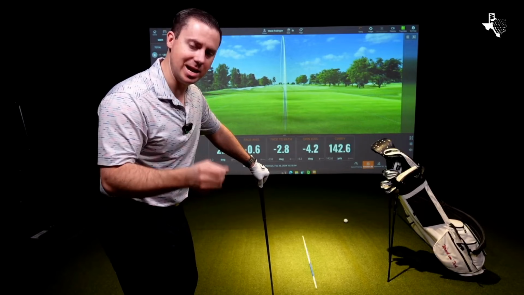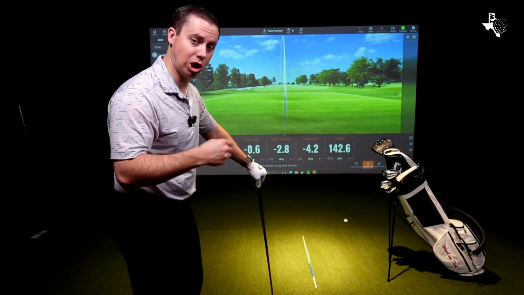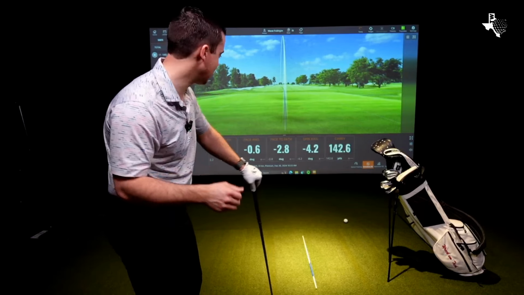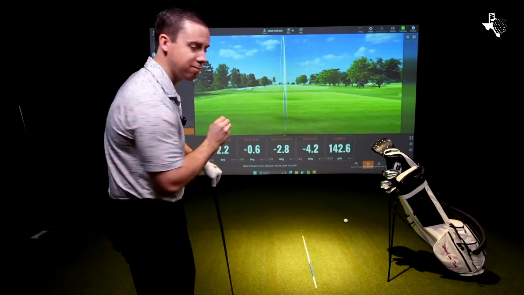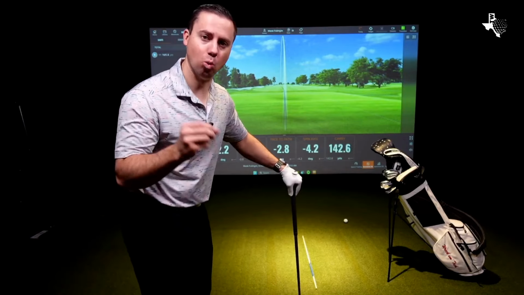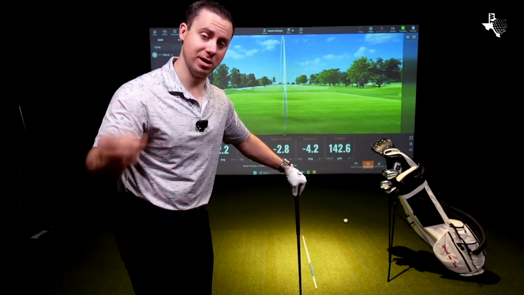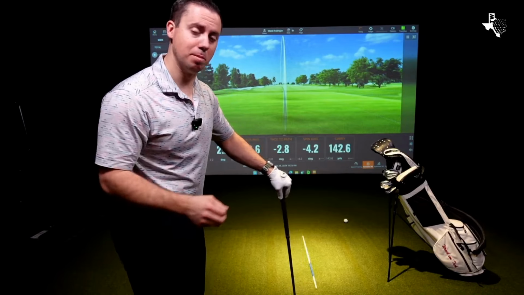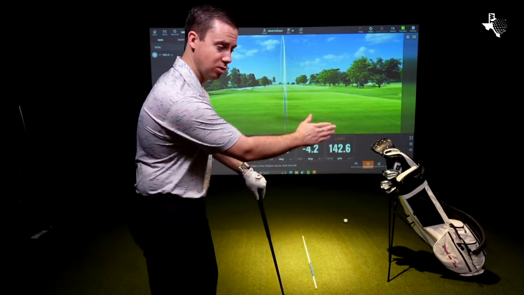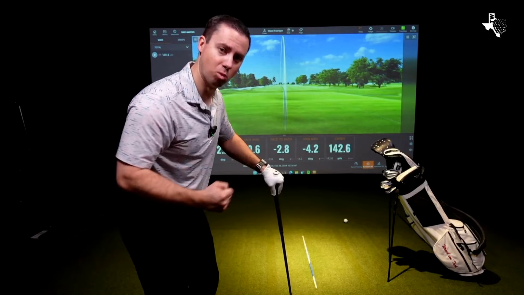But that's the why. Now, what I want to do is hit a shot that curves a lot, because I want to explain that the smaller your face to path, the less the ball will curve. The bigger the face to path, the more it'll curve. So the bigger the separation between where your club is moving and where your face is pointed, the more the ball is going to curve.